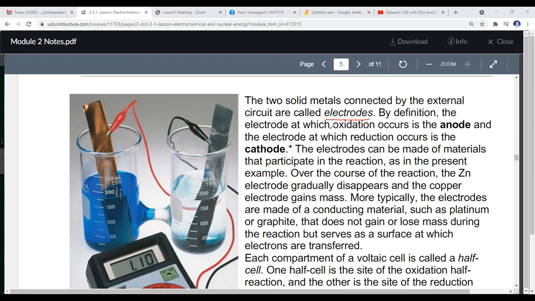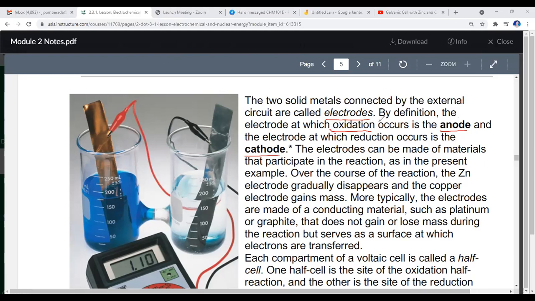So oxidation, the losing of electrons, happens in the anode. The electrode at which reduction occurs is the cathode, the acceptance of electrons. So this one is losing of electrons, oxidation, and this one is accepting of electrons, which is reduction.